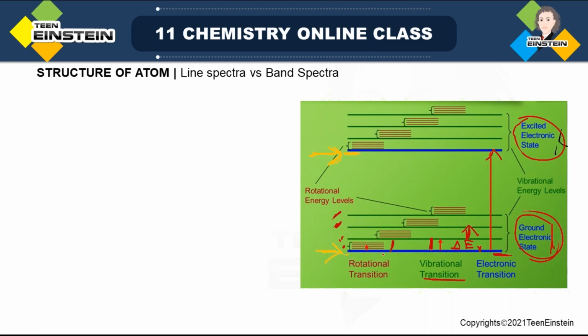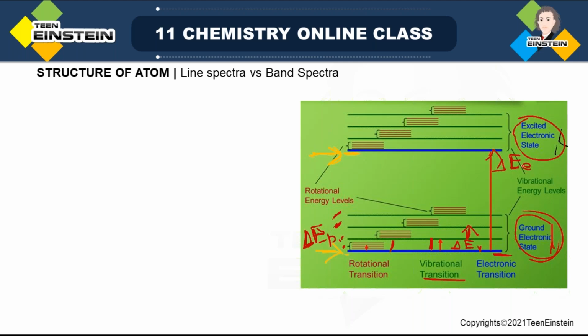Transition between any two of these red lines will give some energy change, suppose that is del E R. And this energy gap is del E electron, small e I have written. So different types of energy gaps are involved.